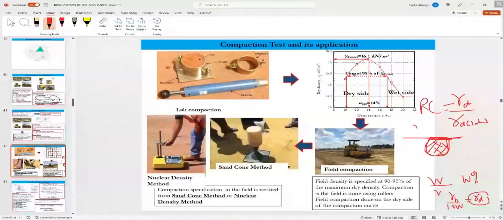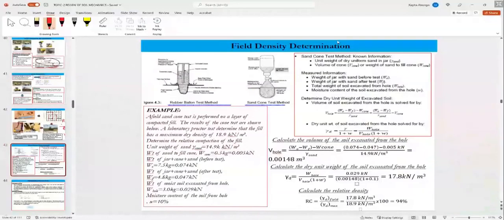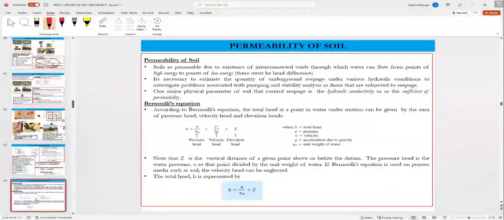So the water content divided out of that will give the dry density. You're able to get the relative compaction of the soil. Follow that example, understand how the method works. All right. Any question on the method?